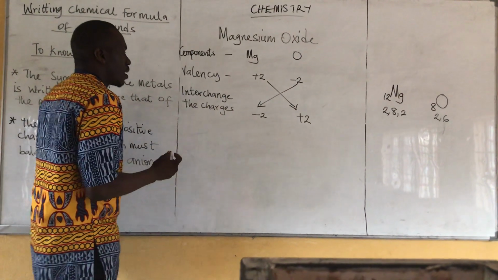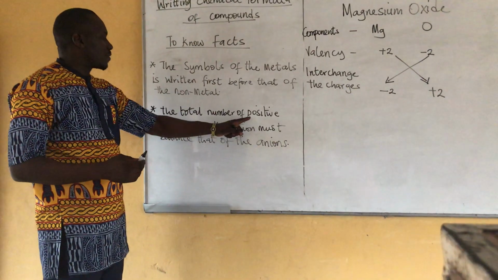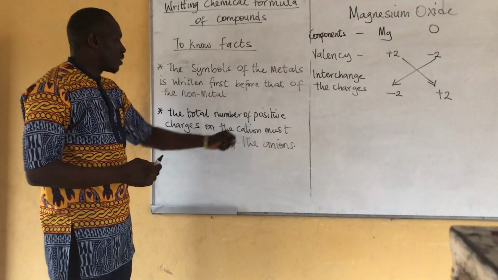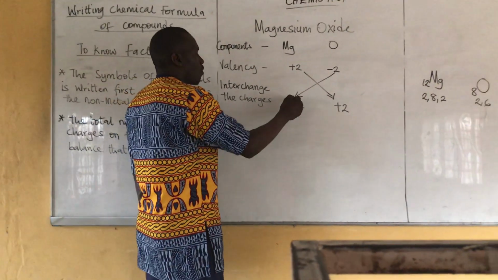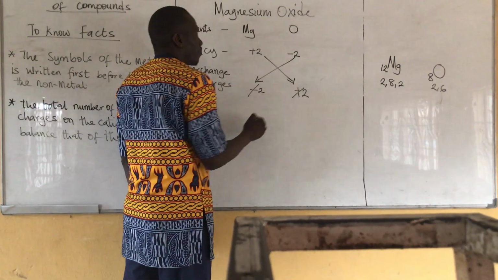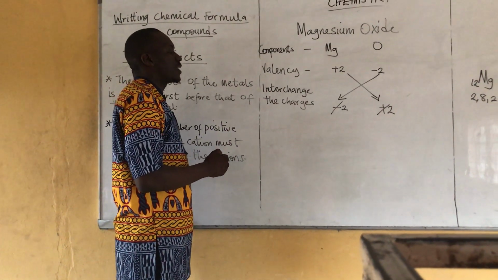Our second known fact said the total number of positive charge on the cation must balance that of the anion. They both have one charge each, so it's going to balance to confirm electrical neutrality.